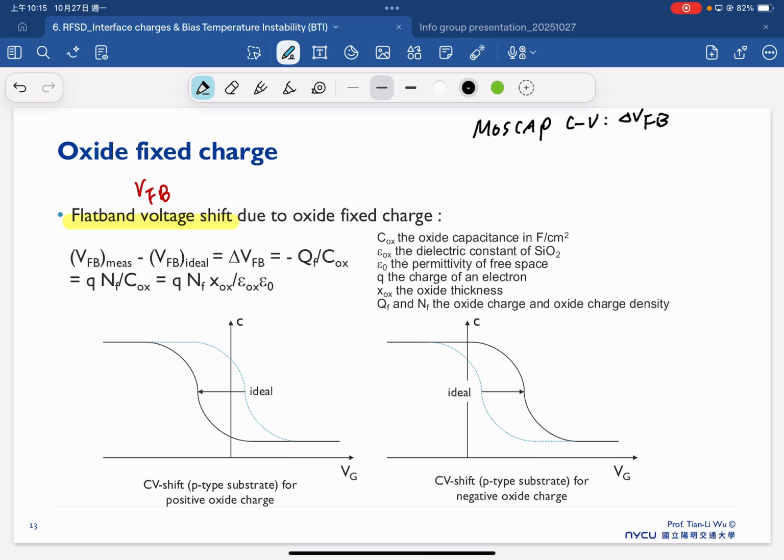This corresponds exactly to the transistor IDVG curve, where we are interested in delta VTH. So basically, characterizing the delta VFB is almost the same phenomenon as the delta VTH here.